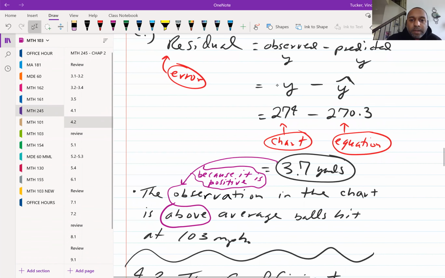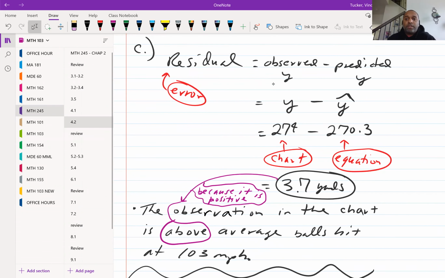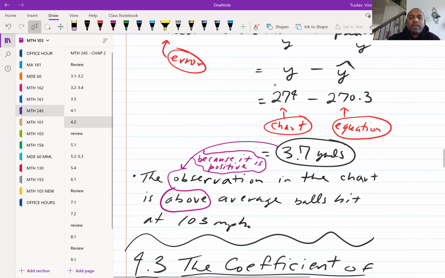See somebody in the chat? For the residual, yes. You're trying to find a residual? Yep. All right, is everybody okay before we go to 4.3? Let's scroll up.